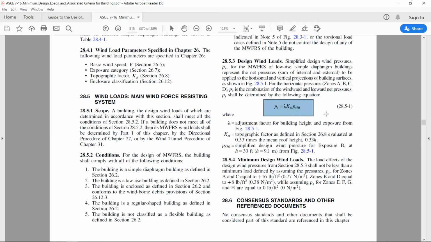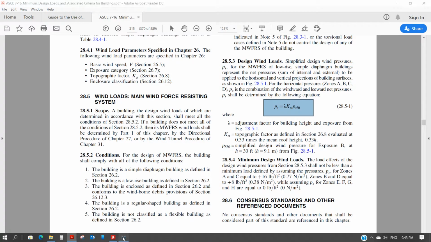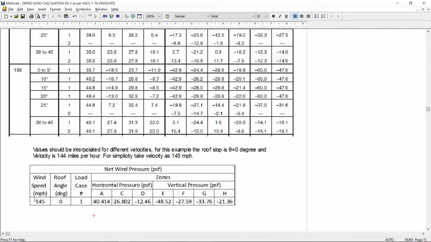So what I can say is that this is a realistic and logical change from ASCE 7-05 to ASCE 7-10 and onward ASCE 7-16. Based on that, I calculated for load case 1 all these conditions.